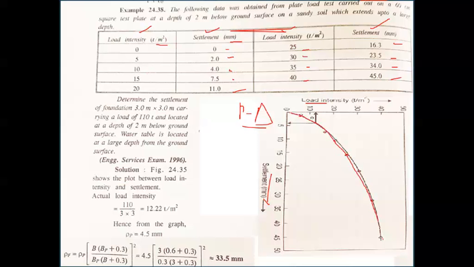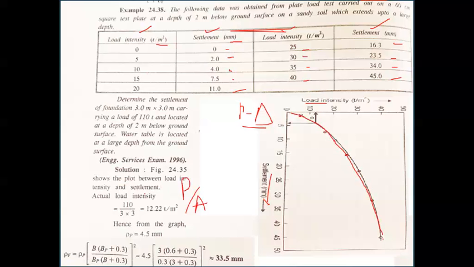Now we have to get the loading intensity for which we have to get the settlement. You know that loading intensity is the ratio of load to area.